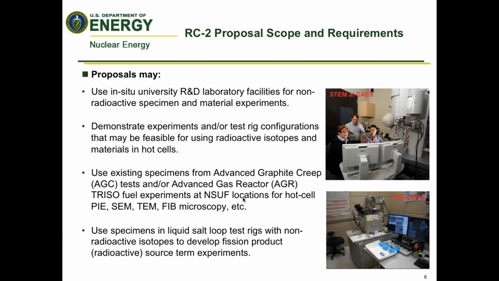The proposals may use the non-radioactive portions, principally for material experiments. You can demonstrate experiments or test rigs that could be usable in hot cells at one of the labs. If you don't have a hot cell, we're not going to support you building a hot cell. That's way beyond the price range of the NEUP solicitation limits.